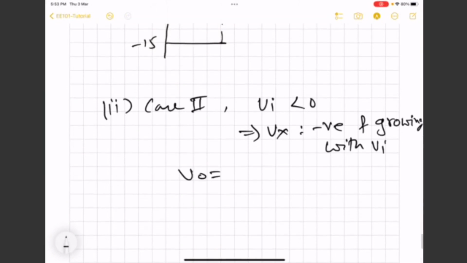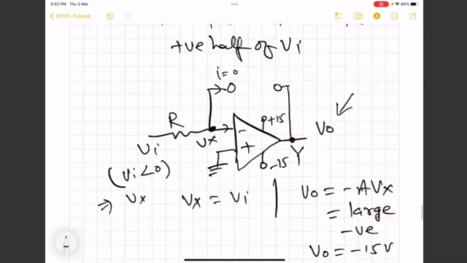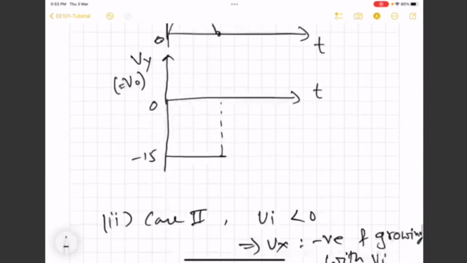So here output is minus A Vx. So since Vx is negative, this implies that Vo is positive. And since Vx is multiplied by A to produce Vo, this is going to be very large. So this will be definitely larger than 0.7.